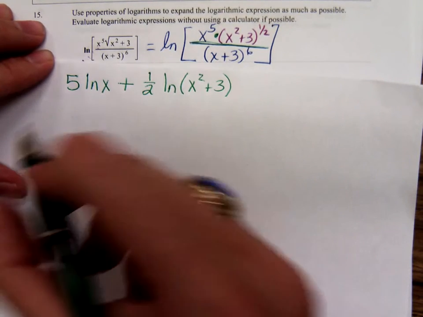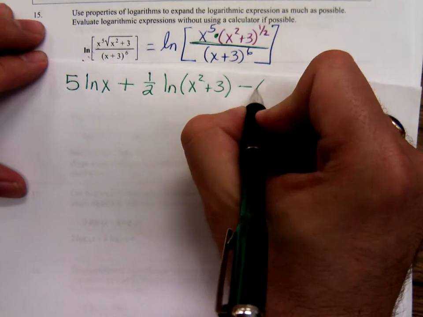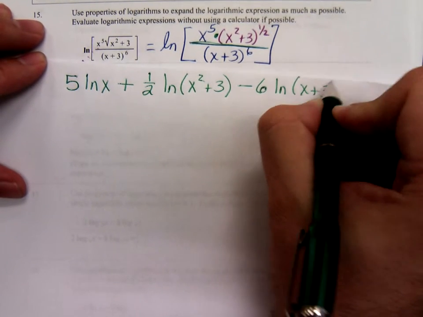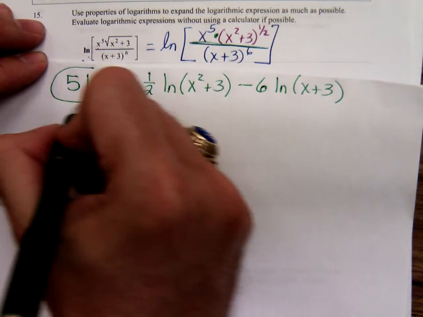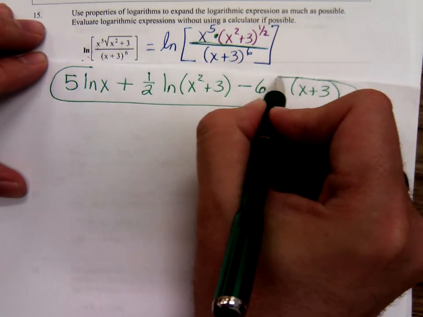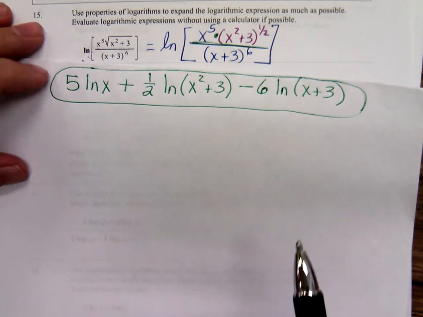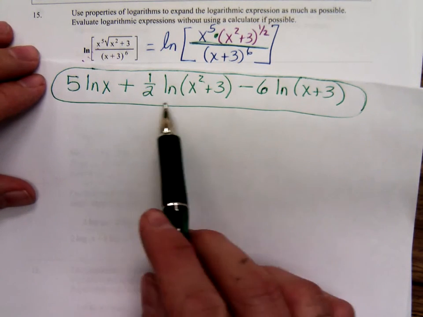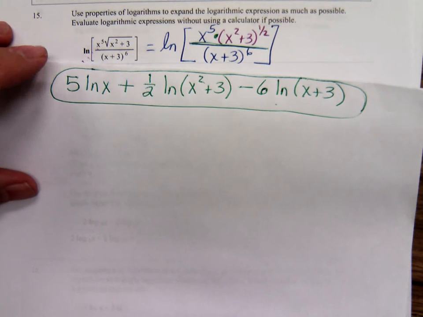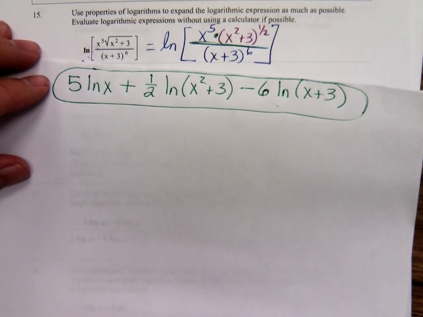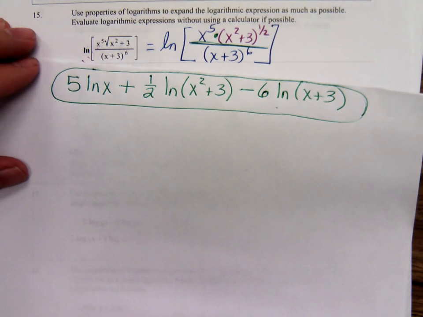Then you're in the bottom, so you'll type a minus 6 ln x plus 3. It takes a little long to type in these LNs, but again, if you don't use a capital L, it'll space it for you and so forth really nicely, okay?